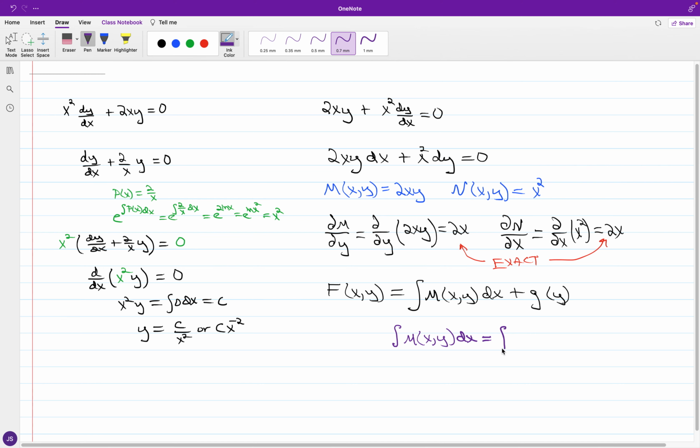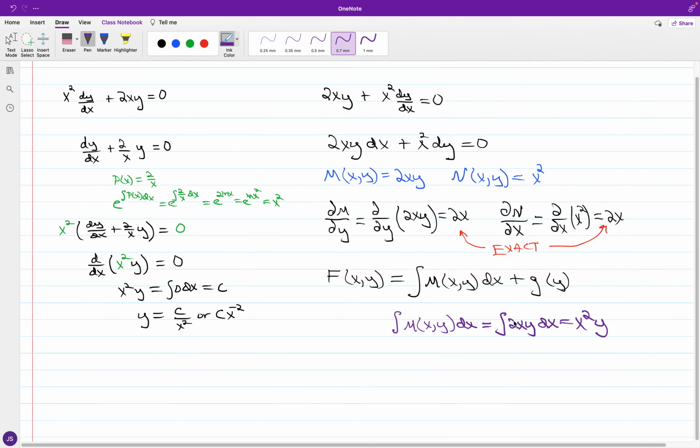And so this is equal to x squared times y. So we got the function f of x and y is equal to x squared y plus g of y.